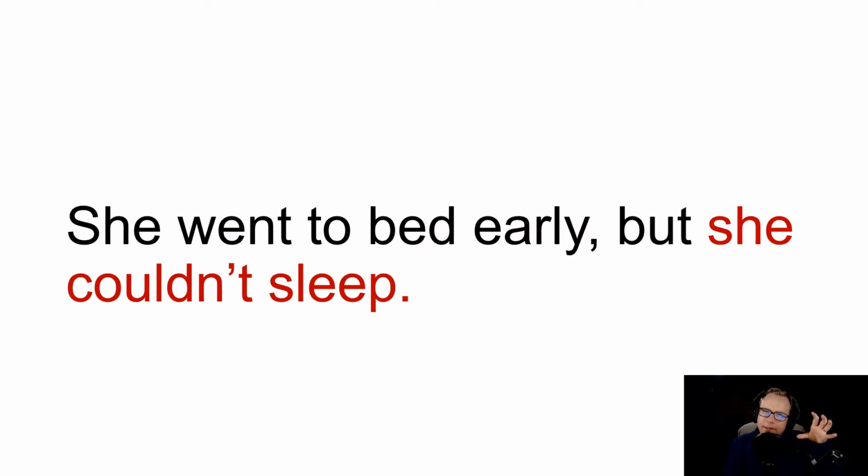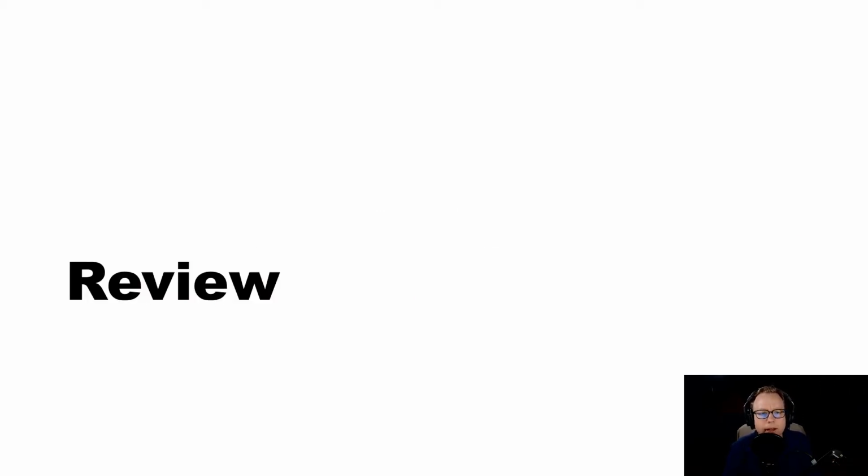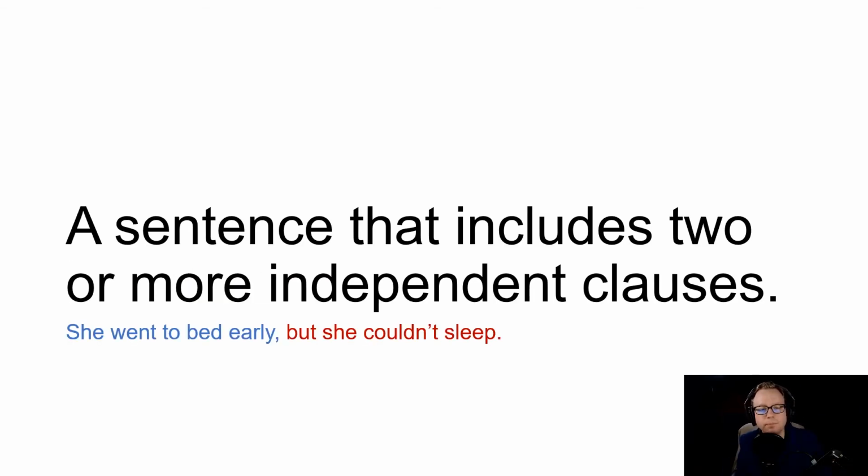Is this starting to make sense now? A compound sentence is going to take two independent clauses and connect them together, because they could be separate sentences, but they work really well together. Depending on the situation, you're going to need a comma, a conjunction, or maybe both to connect them correctly through punctuation and grammar. So let's review.